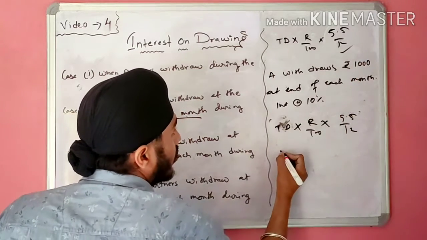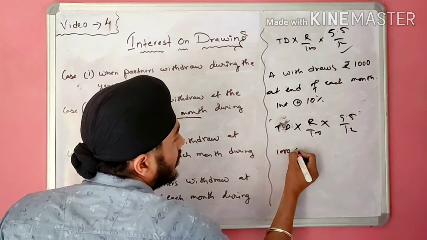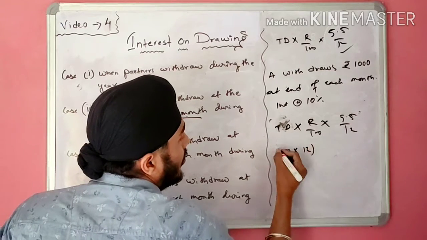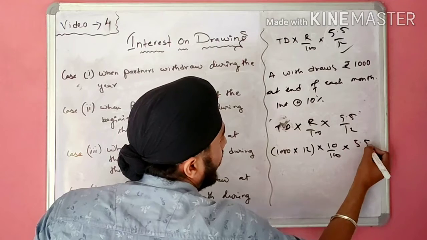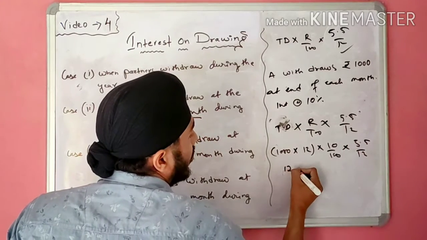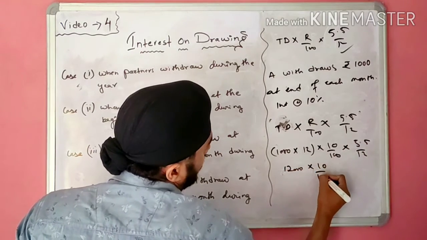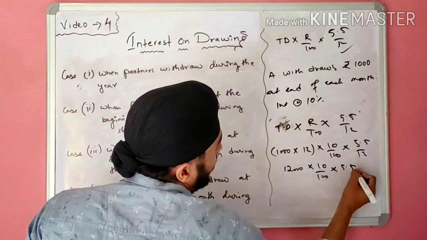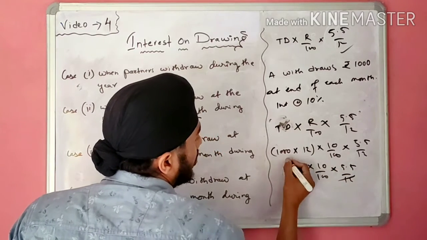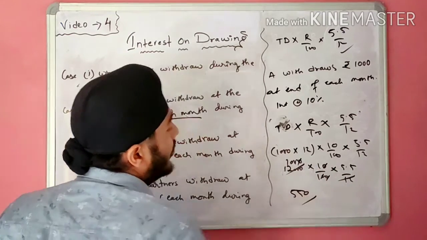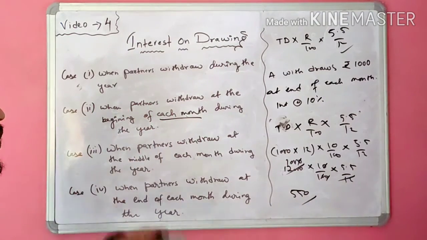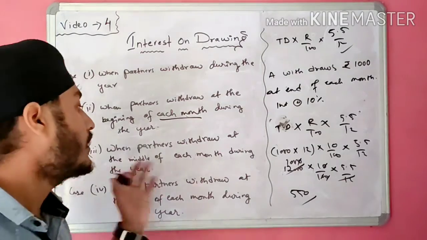So total drawing will be 1000 into 12 into rate 10 by 100 into 5.5 by 12. So 12,000 into 10 by 100 into 5.5 by 12. 0 0 0 0 cancel. It will be 550.